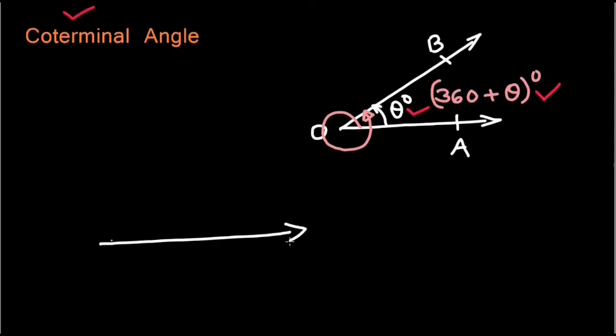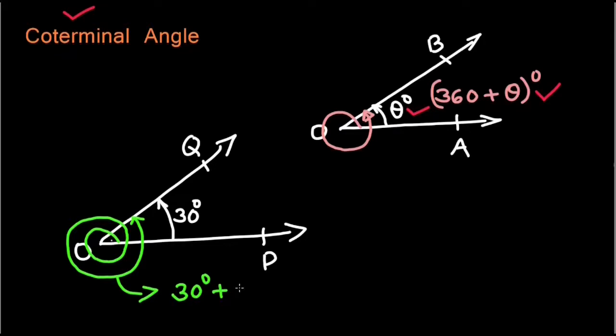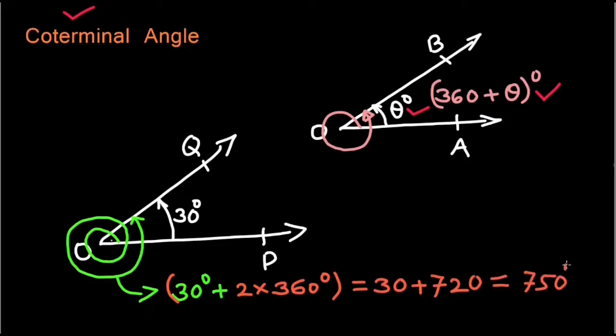Suppose the directed angle POQ is 30 degrees. If the initial arm OP is rotated about O by making one complete rotation and then one more rotation, and finally reaches the terminal arm position OQ, then this directed angle will be 30 degrees plus, since it has made two complete rotations, 2 multiplied by 360 degrees, that is 30 plus 720, which is 750 degrees.